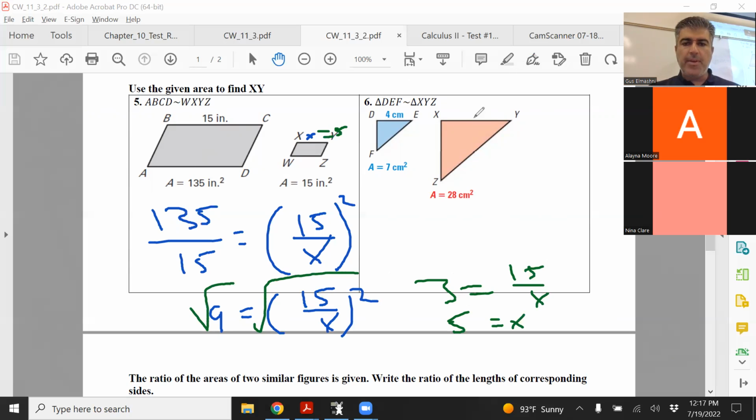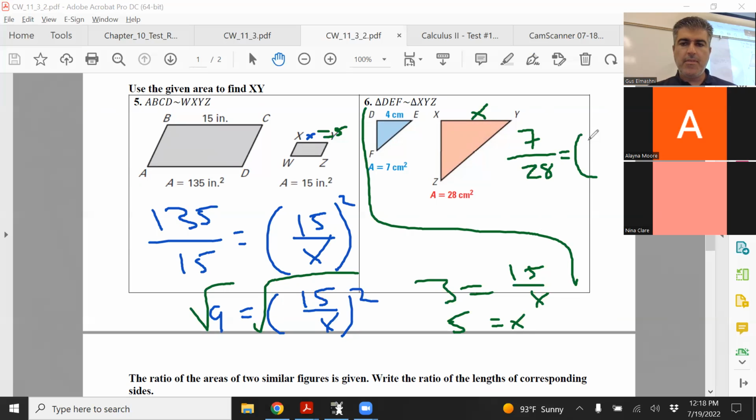Yeah, it's kind of the same thing over here. Like I'll call this x. So if you have 7 out of 28, so 1/4. So x would be... Does that make sense?